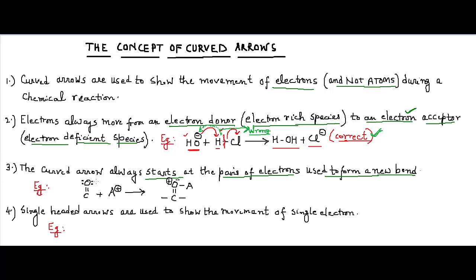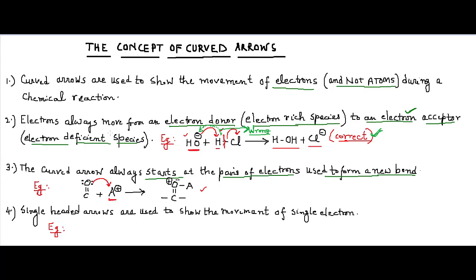Since there is a bond between oxygen and the positively charged A species, we show that a pair of electrons from oxygen moves towards the A species and forms the bond.